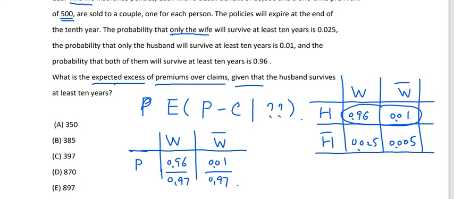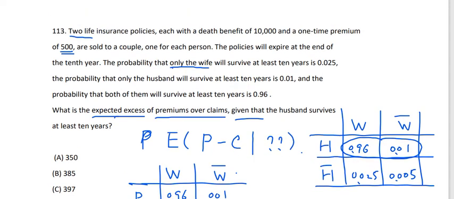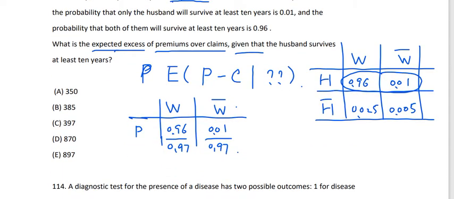So this is the conditional distribution for the wife, right? So there's the expectation of the claim here. If the wife survives, no payment, pay 0. Here we pay, let's say, 10,000, right? So we can find this.